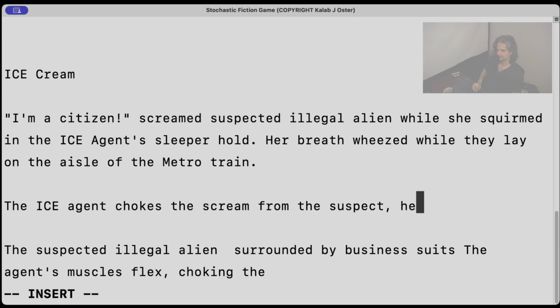The ICE agent chokes the screaming suspect, chokes the scream from the suspect.